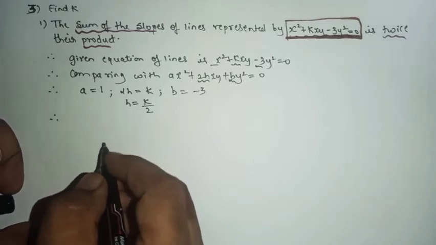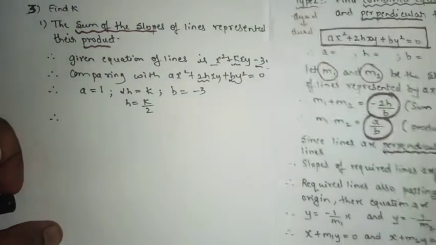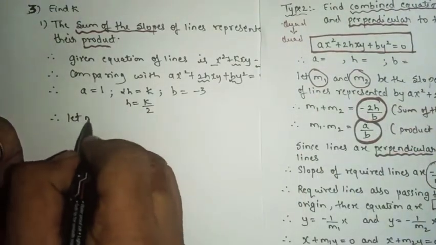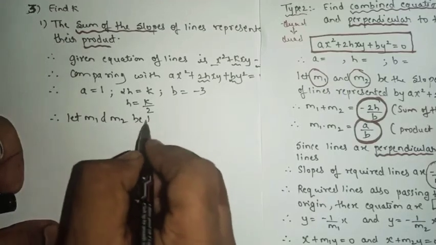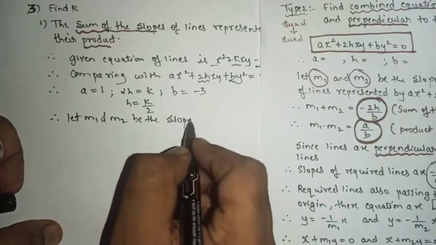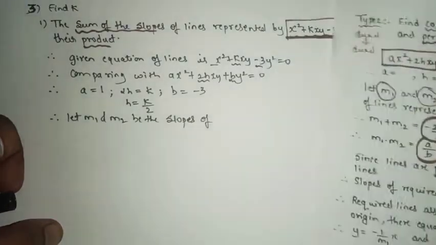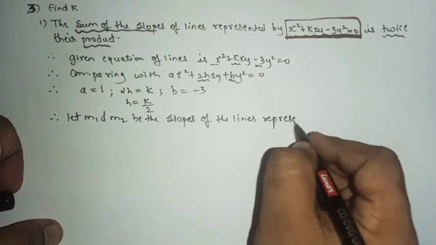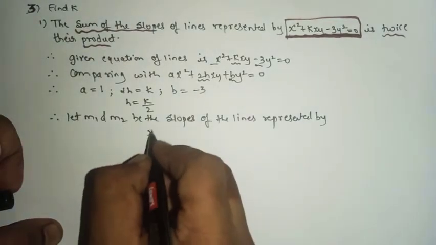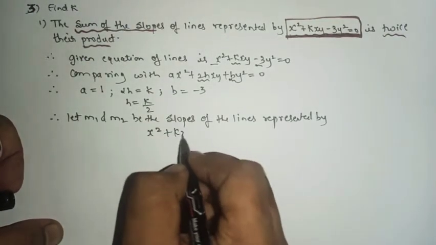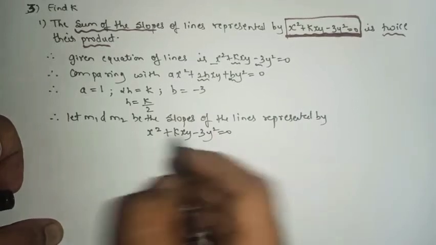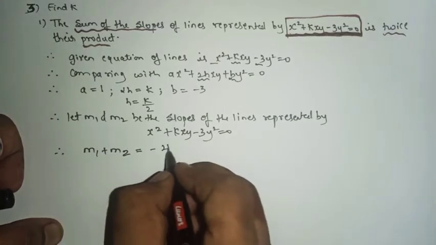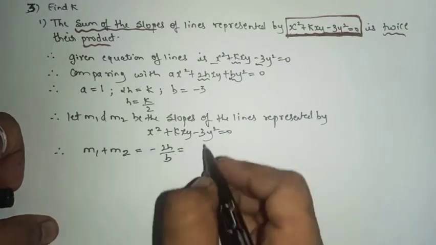So now we'll find sum of the slope and the product using the method number 1, yes or no? So before that we have to consider, let m1 and m2 be the slopes of the lines represented by x square plus kxy minus 3y square equals to 0, yes or no? So sum of the slope is what, minus 2h upon b, yes or no?